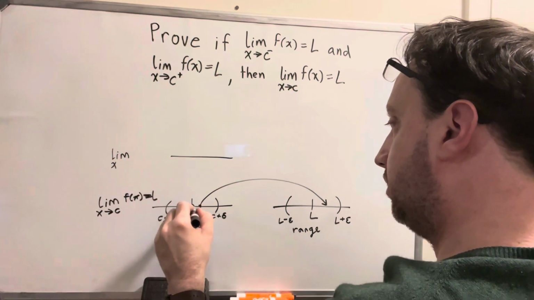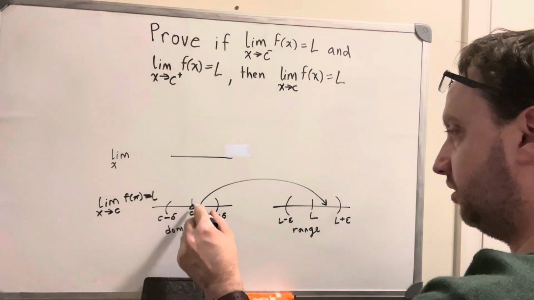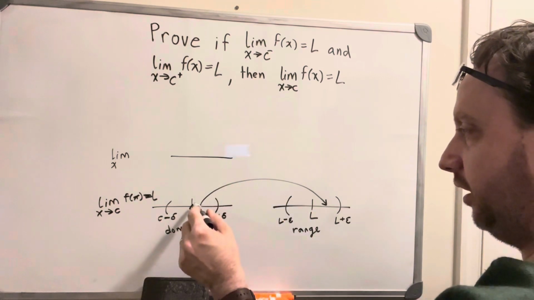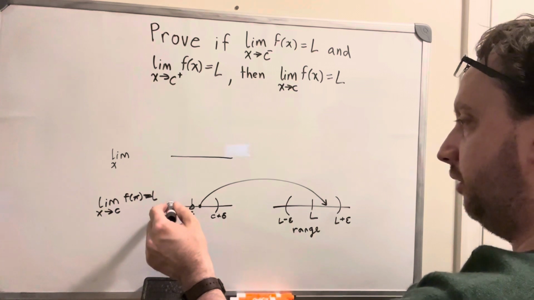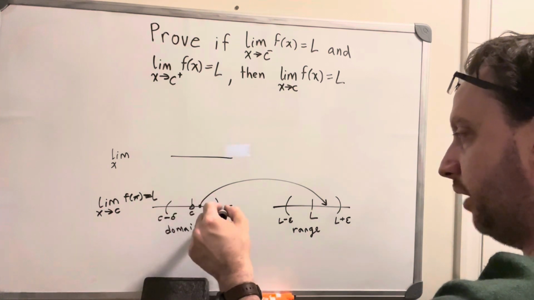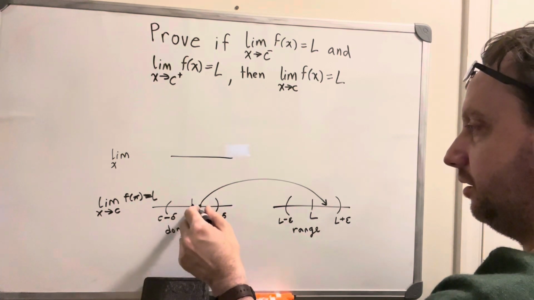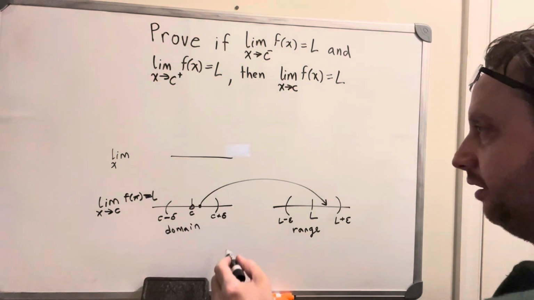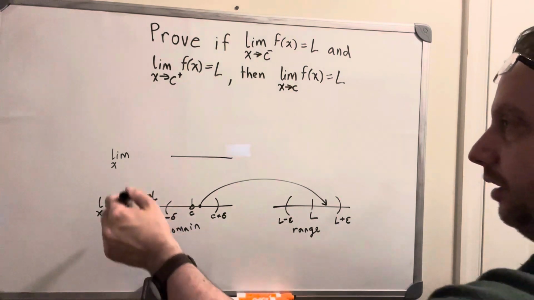Except we don't guarantee that if x equals C, there is a value. So I'm going to put that empty circle saying this is an open interval bounded on the left by C minus delta and on the right by C plus delta, except the value of C is excluded from this open interval. Okay, this is a regular limit.